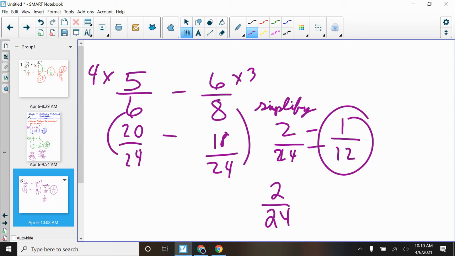If they're both even numbers, what can I always divide even numbers by? I can always divide it by a 2. So if you ever get to a point where you're looking at a fraction and you can't figure out how to simplify it, if they're both even numbers, just use 2. 2 divided by 2 is 1. 24 divided by 2 is 12. And then you would have gotten to the finish line.